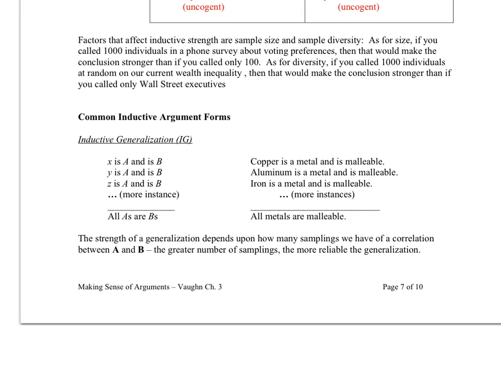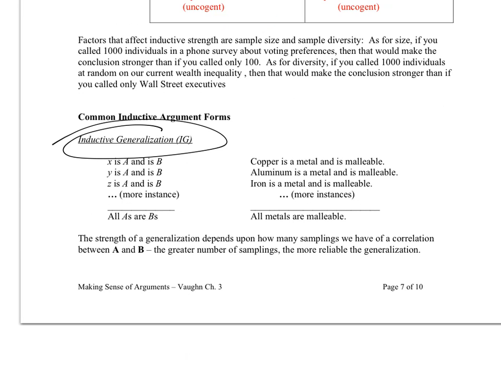One of the most common inductive argument forms is what's called an inductive generalization. A lot of scientific generalizations are made on the basis of this kind of reasoning.